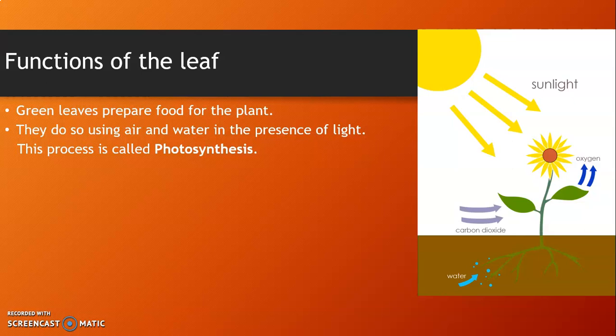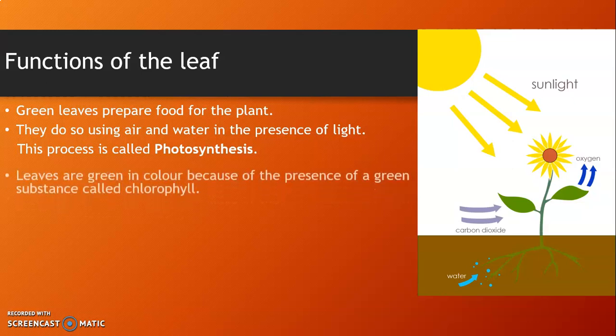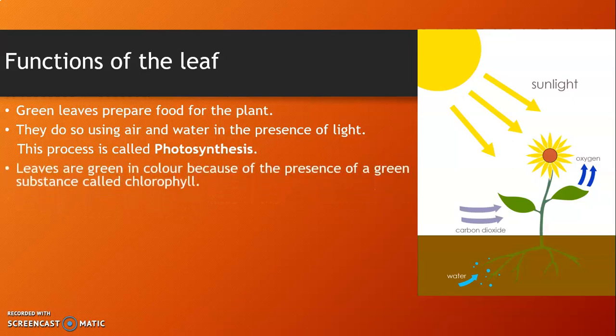This process of preparation of food using water and air in the presence of light by the leaves is called photosynthesis.